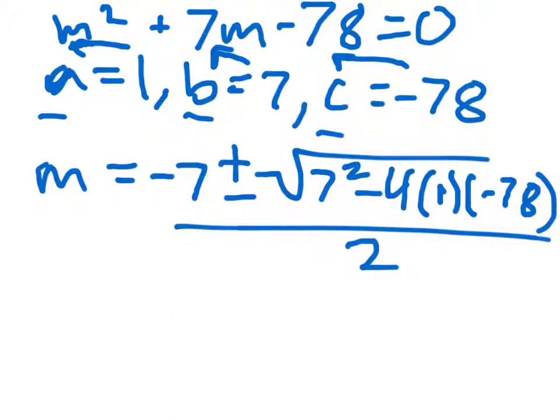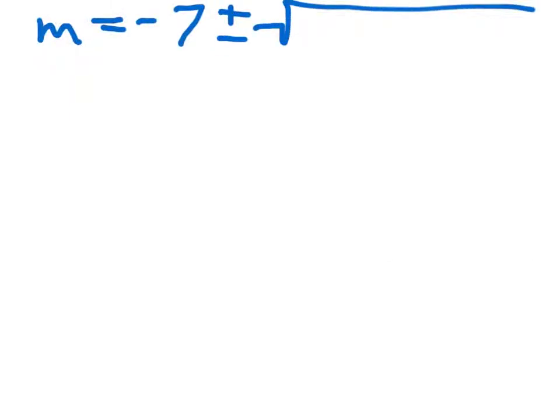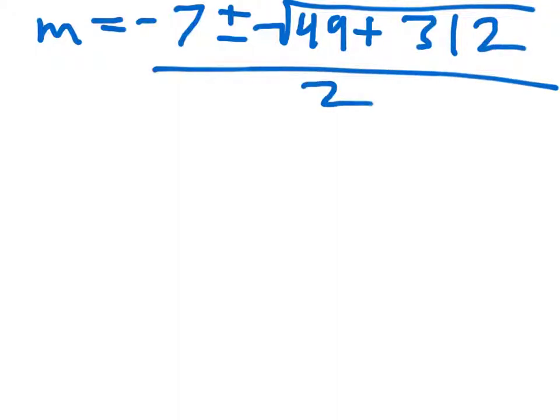Next step. Our next step is basically narrowing down our quadratic formula more. So we have m equals negative 7 plus or minus the square root of 7 squared, which is 49, minus negative 4 times negative 78, which is plus 312, over 2.